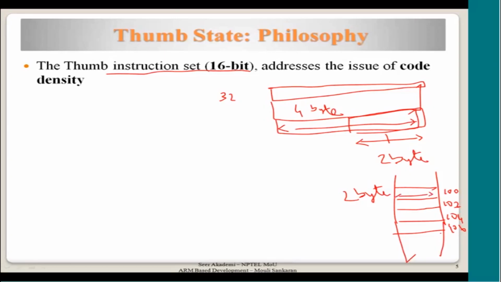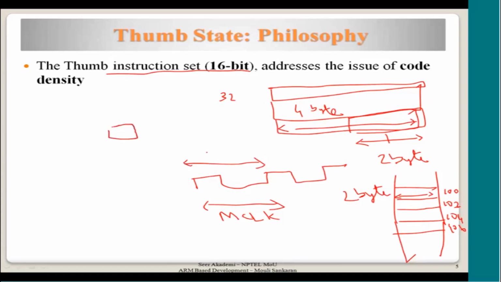It will all be occupying 2 bytes. Earlier, in ARM mode, we saw that it was accessing 4 byte instructions. When you see the pipeline, it was filling the pipeline, prefetching instructions which are 32-bit wide, correct?